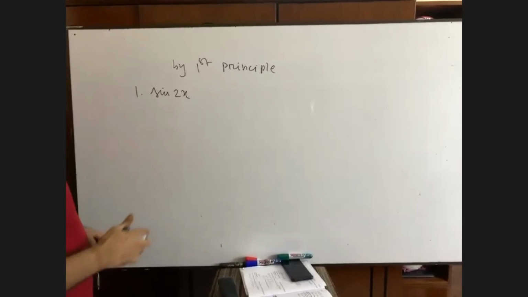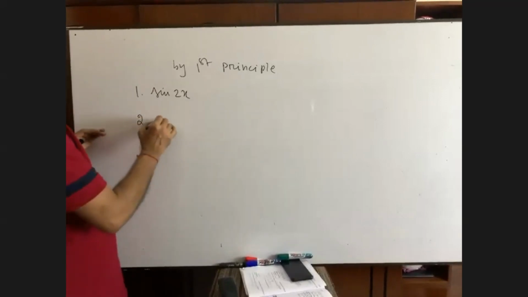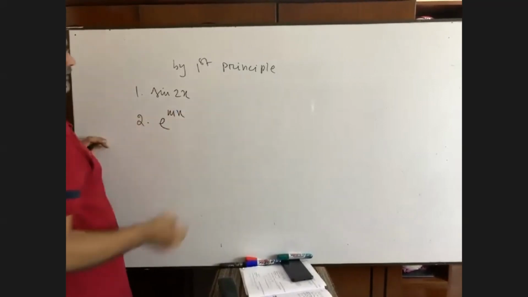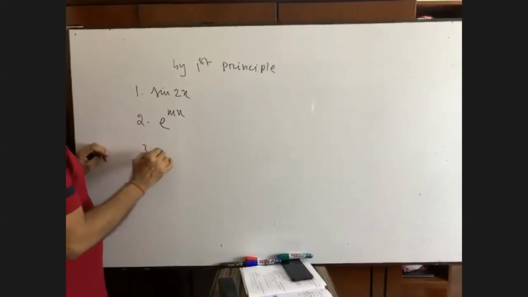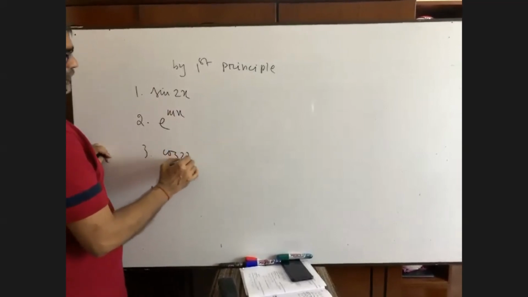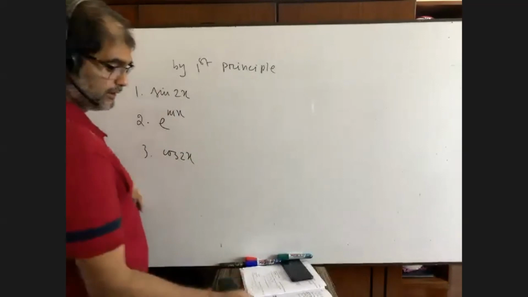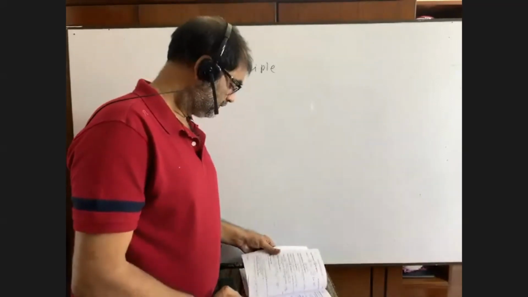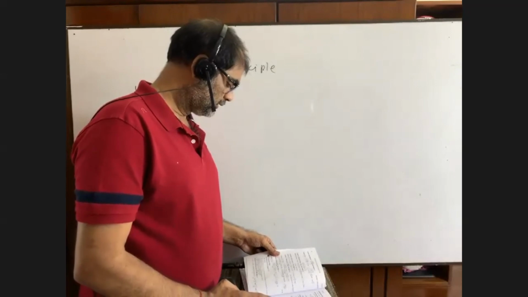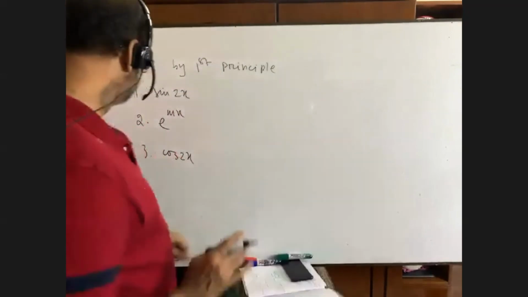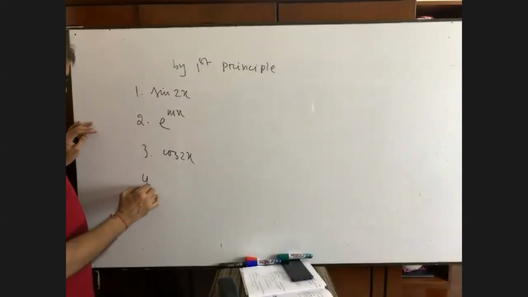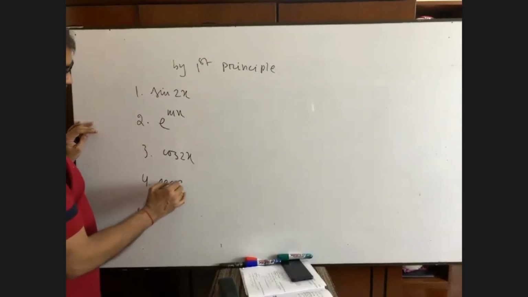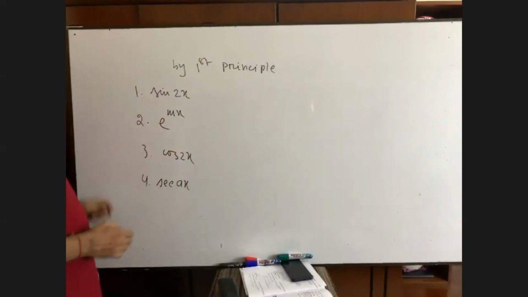Same way, you will find e to the power mx. You will find cosine 2x. Okay, I am giving you some maths. You will find sec ax by the first principle.